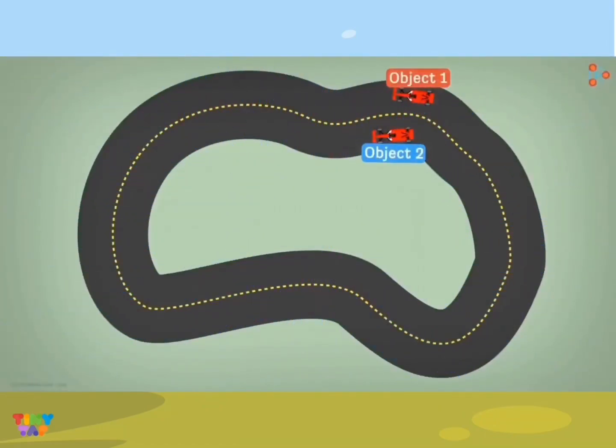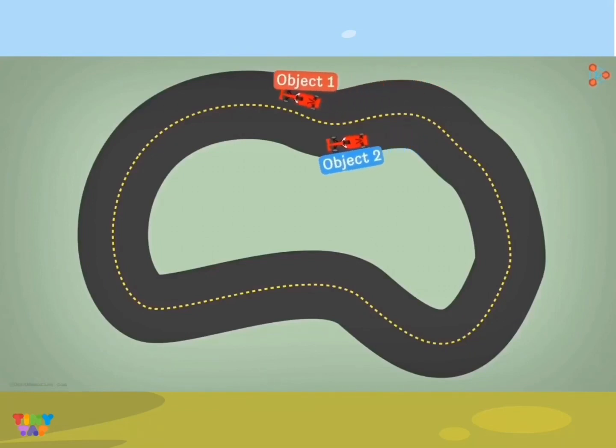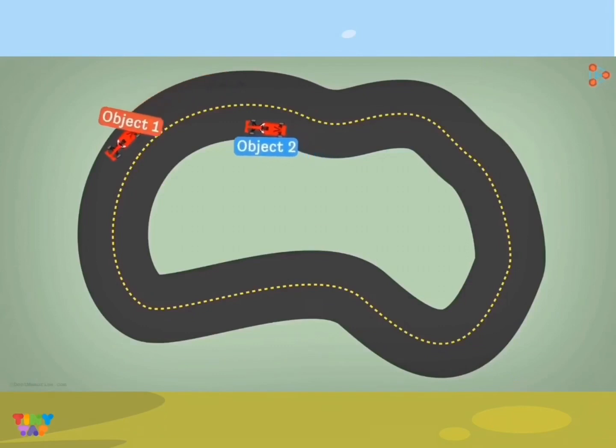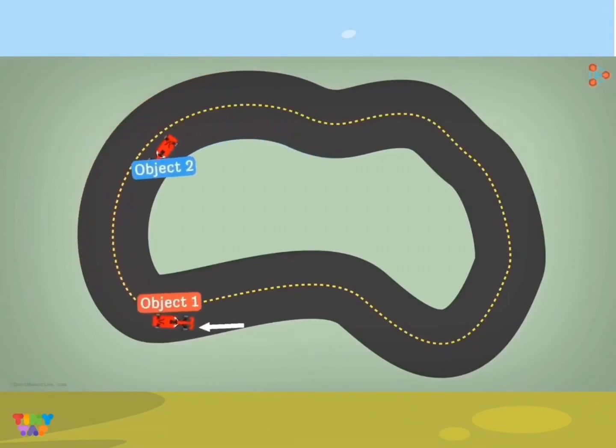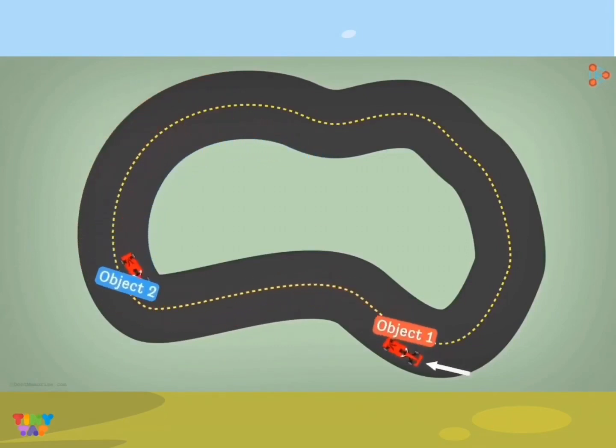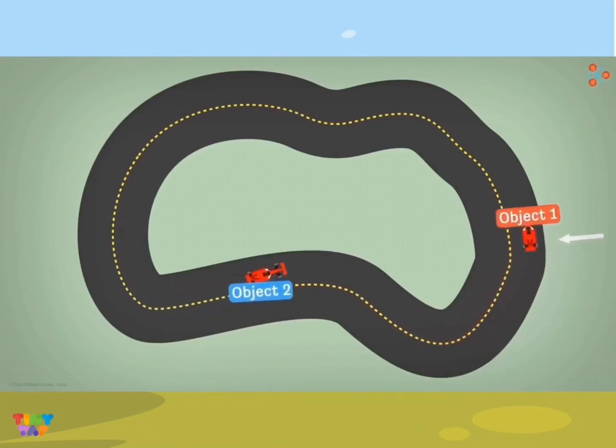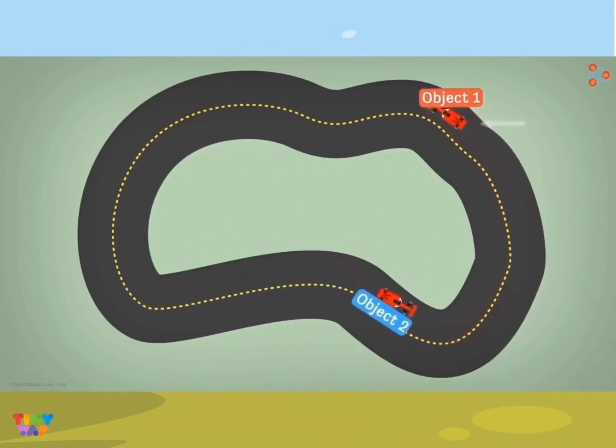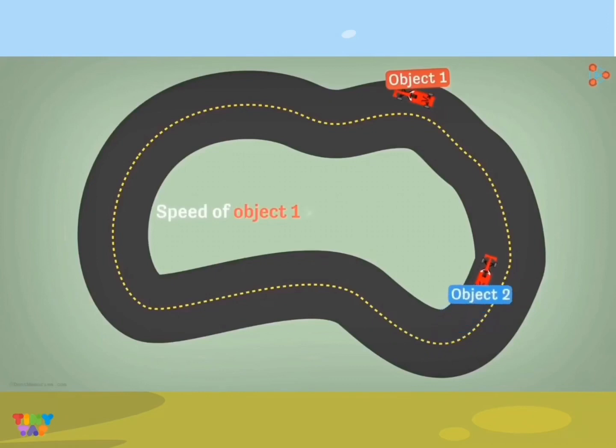Both are moving along the same road. Just by looking at their motion, can you tell which one of them is moving faster? Clearly, Object 1 is moving faster compared to Object 2. This one is behind. So we say that Object 1 has more speed than Object 2.